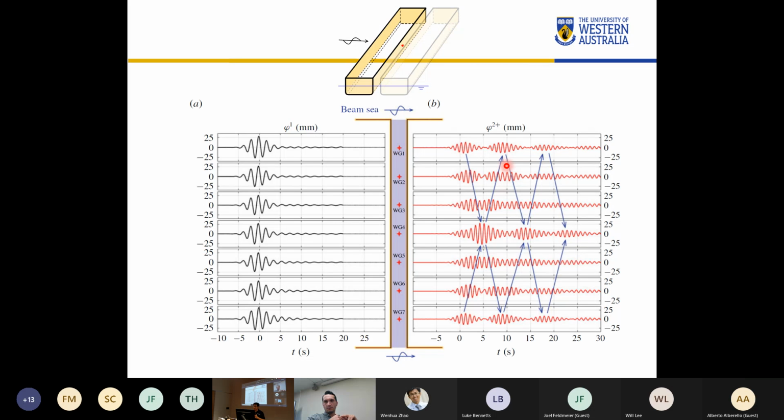Some of it will be reflected back, and as time goes on, it's gonna be decayed totally. So this is for the beam sea.